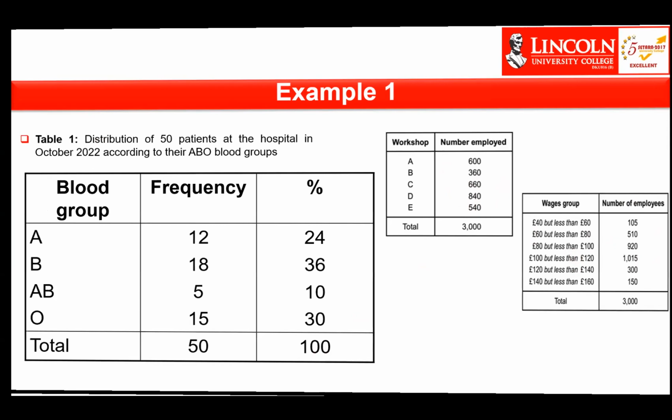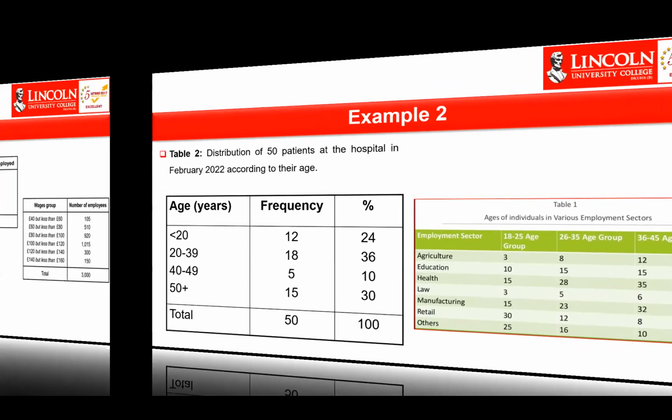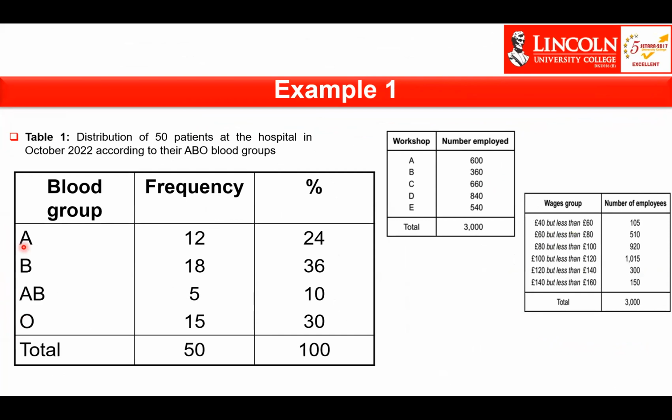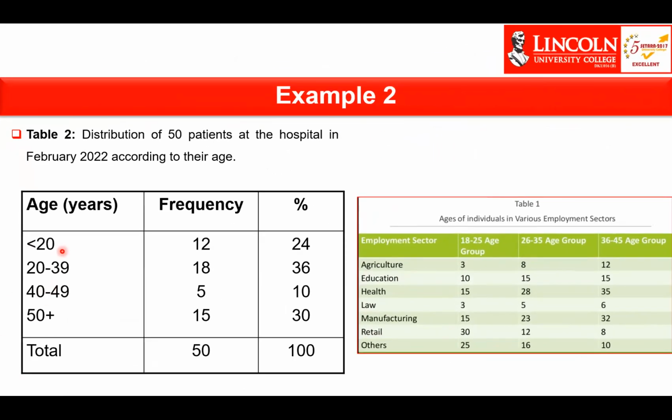Then you can have another sample of table like this, which could be in ranges, unlike the previous one that was just blocks. So you can have Table 2: distribution of 50 patients at the hospital in February 2022 according to their age. You can have age in years, frequency, and percentage.